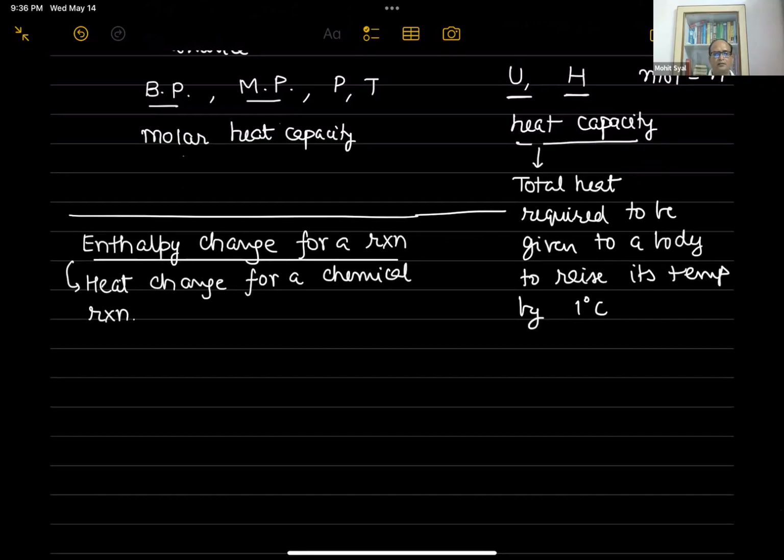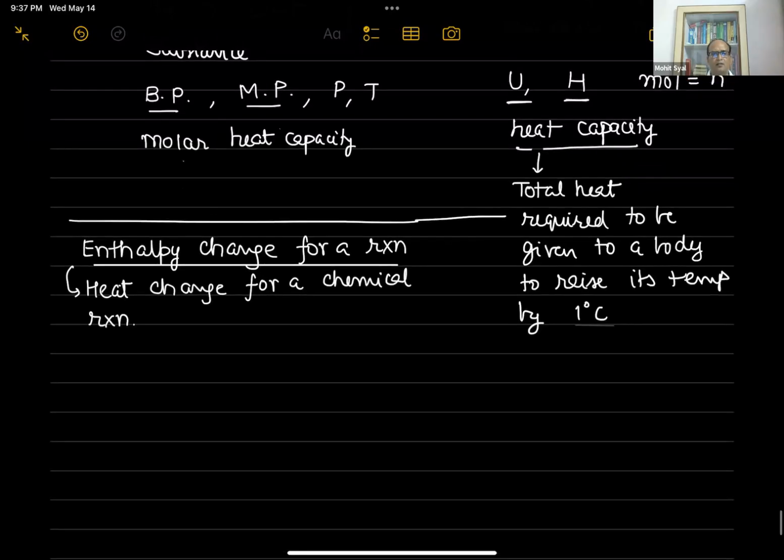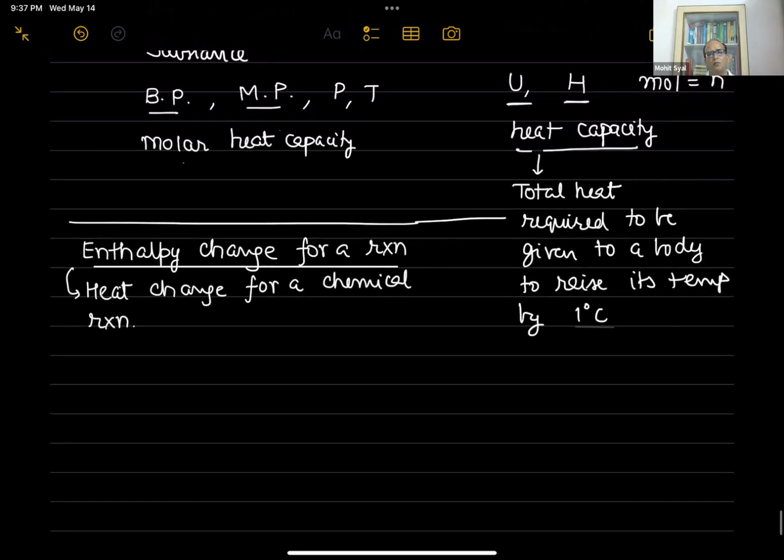So different reactions will have different values, but the same reaction can also have different values.